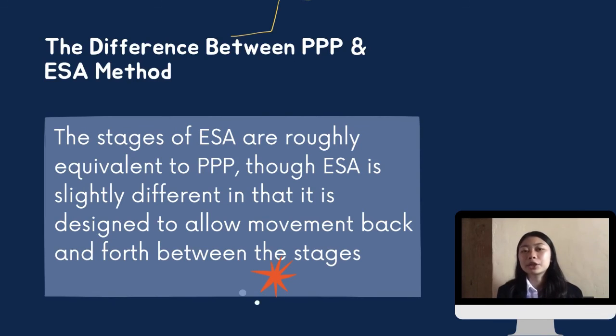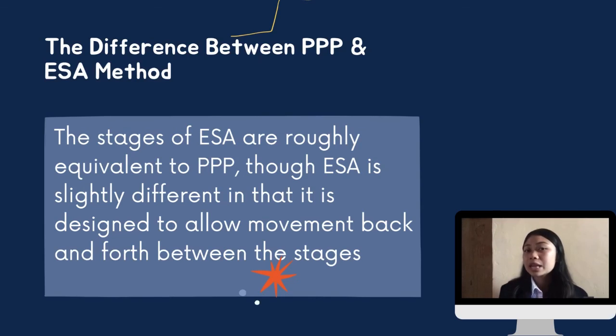The ESA method, as defined by Jeremy Harmer, its primary advocate, uses more elicitation and stresses more engagement of the students in the early stage of the lesson.